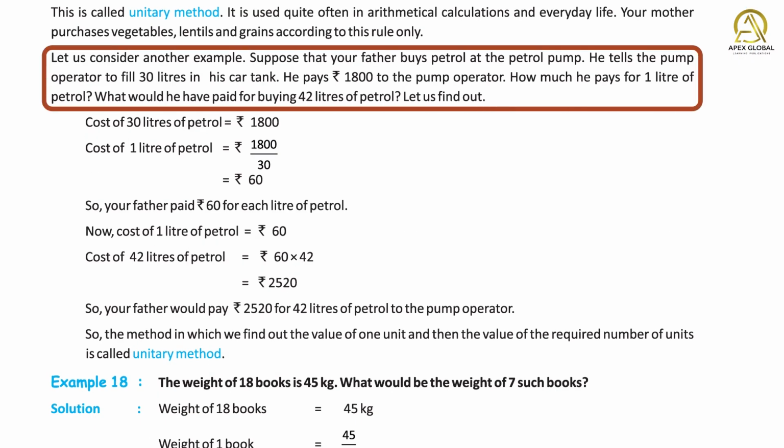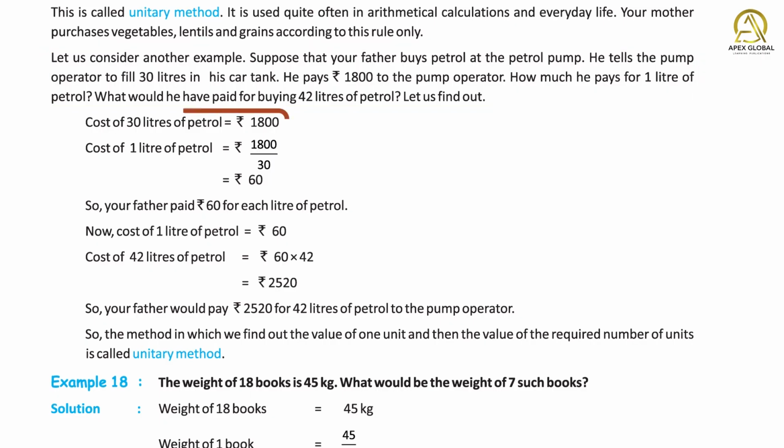Let us consider another example. Suppose that your father buys petrol at the petrol pump. He tells the pump operator to fill 30 liters in his car tank. He pays rupees 1800 to the pump operator. How much does he pay for 1 liter of petrol? What would he have paid for buying 42 liters of petrol? Let us find out. Cost of 30 liters of petrol equals rupees 1800.